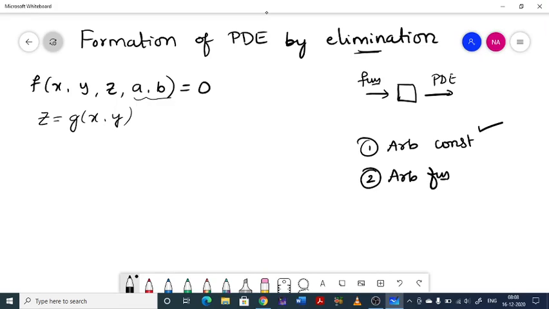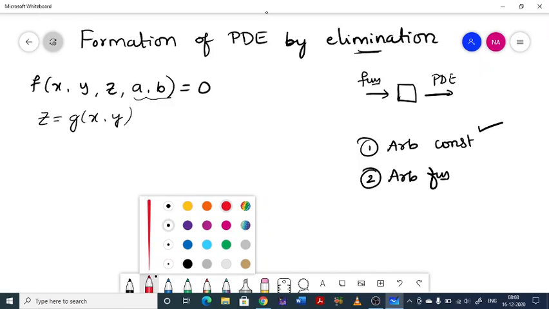In this video I am going to discuss how to form a partial differential equation by eliminating arbitrary constants. That method, that procedure I am going to use to form partial differential equations in this section. So let us directly start with problems, so that by solving you can get the working procedure.